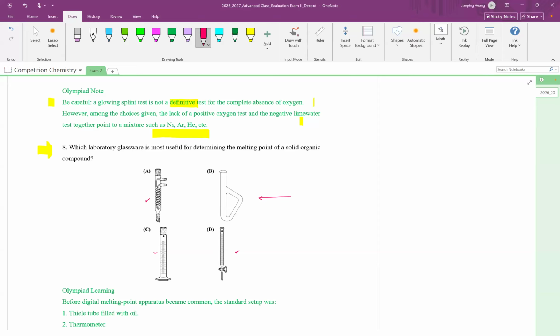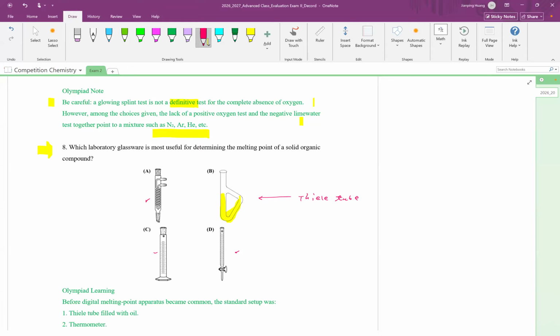This is a tube used to measure the melting point. To measure the melting point, what they did: they put the oil, that's the first step.